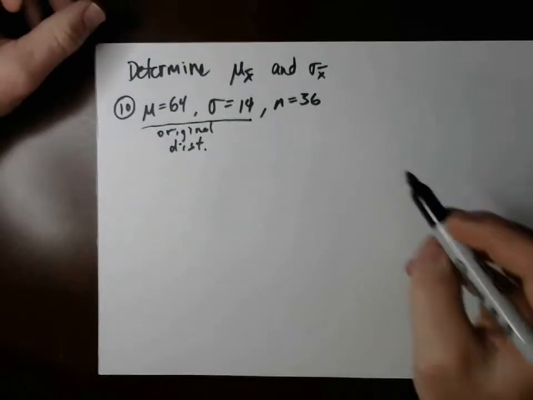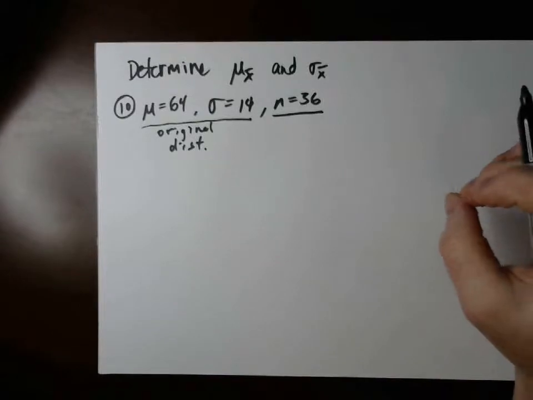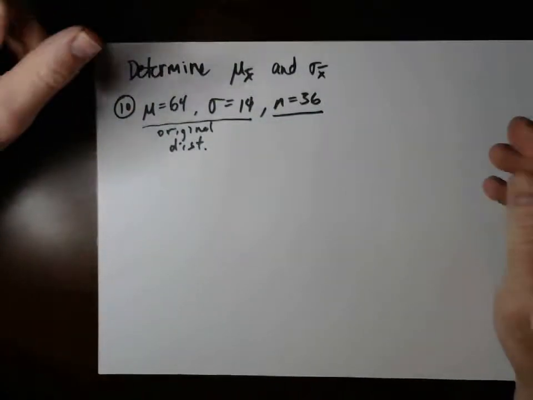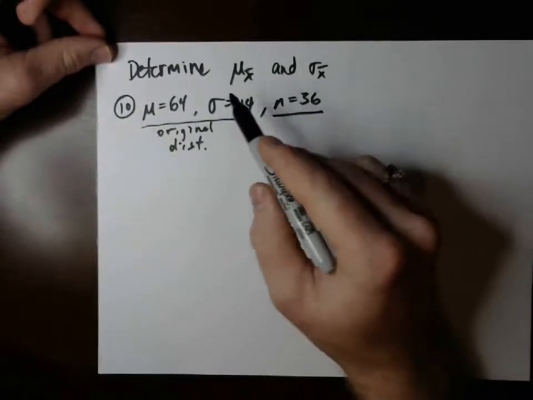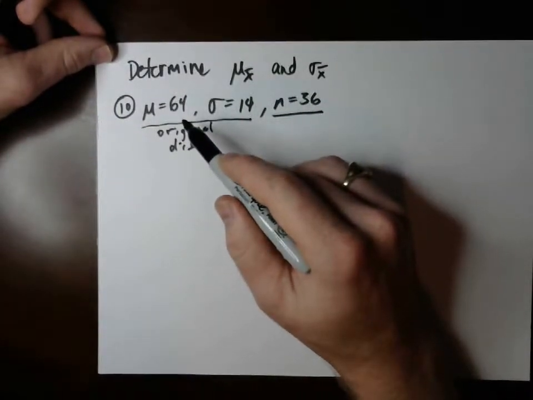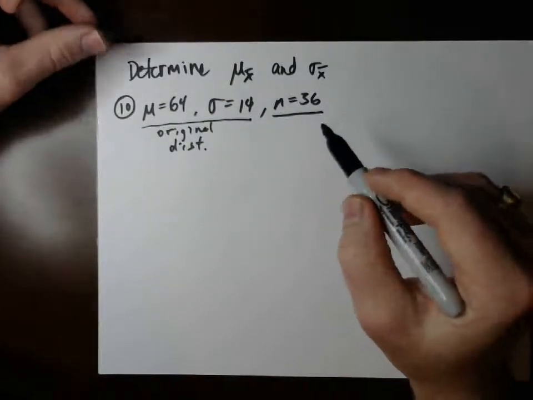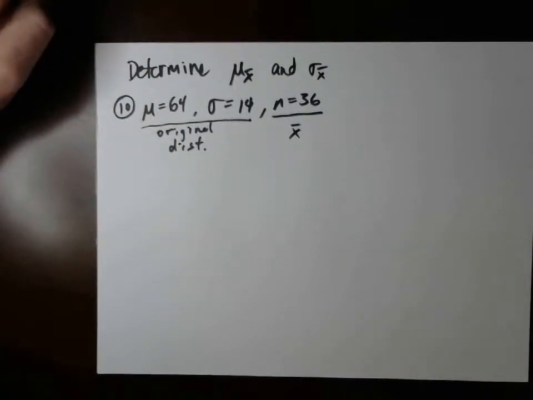And the sample size that we're taking, so each sample in the sampling distribution is an x bar of size n equals 36. So we're taking 36 different values from the original distribution, averaging those 36 values and determining an x bar. This is how we're determining our x bar.